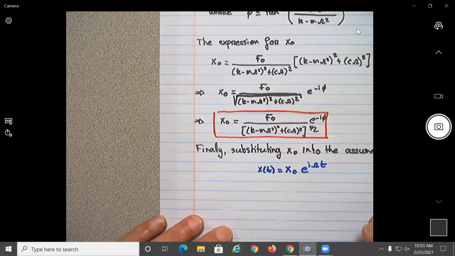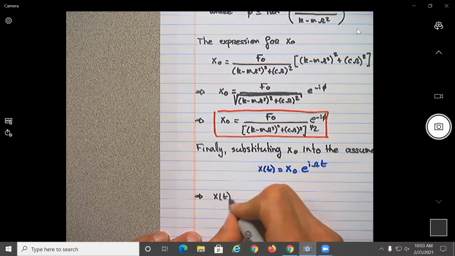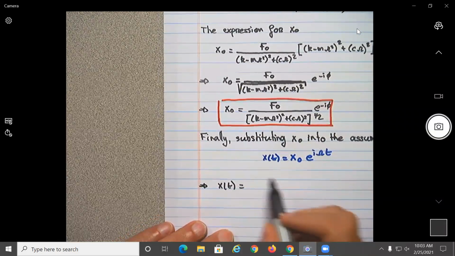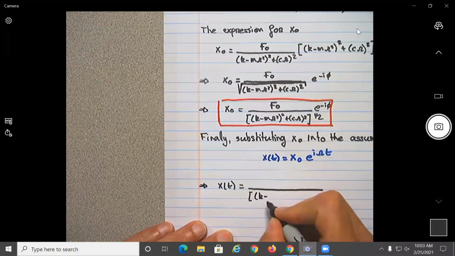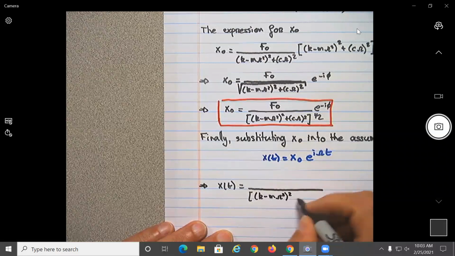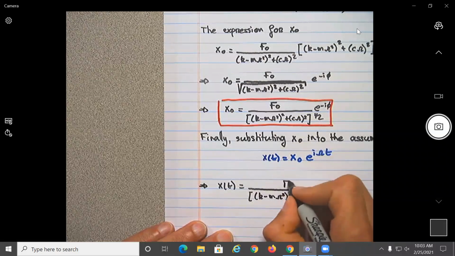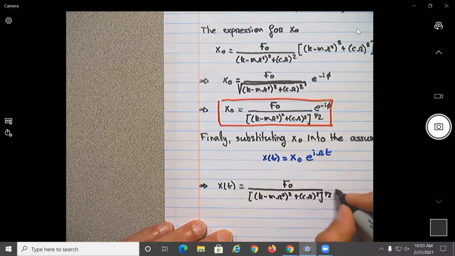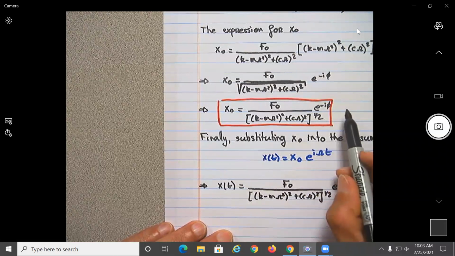Sorry for that. So if we do that, we're going to have x of t. The final answer will be equal to f sub naught over k minus m lambda square plus c omega square to the power 1/2. And now here we're going to have e to the i, so we have here omega t and here minus i phi.